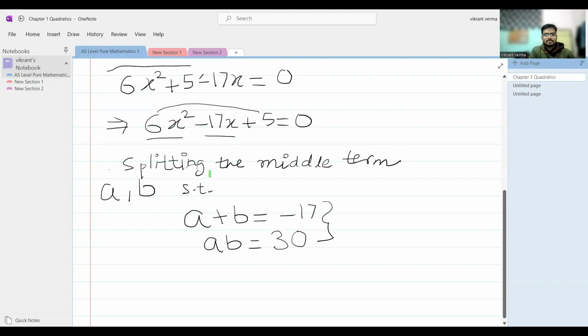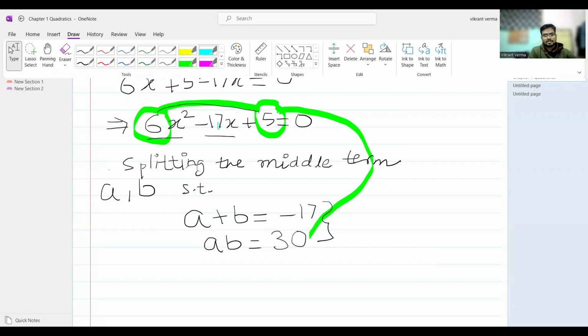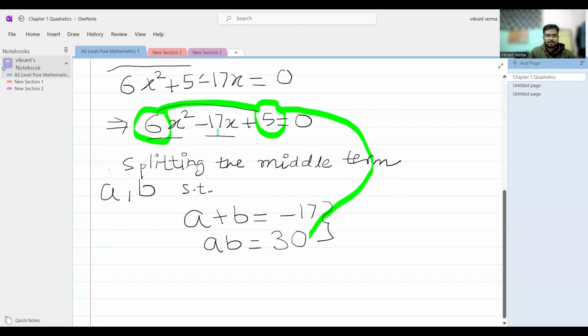In this method, we take the product of the coefficient of x square and the last term, that is our constant term. The product of these two numbers comes here. It is this 30 and this minus 17, which is the coefficient of our x term.